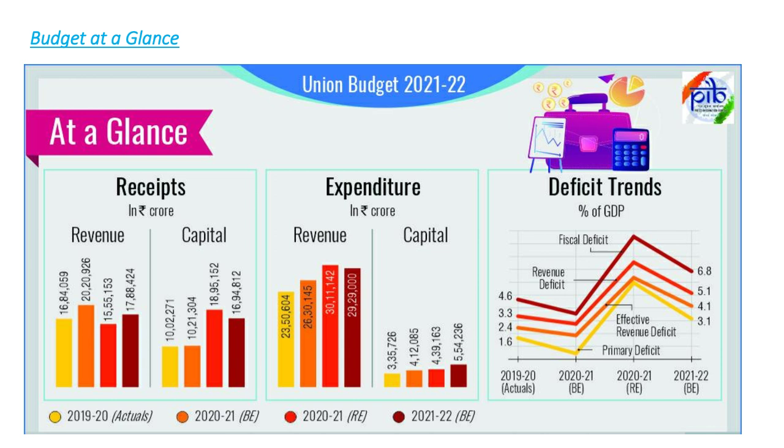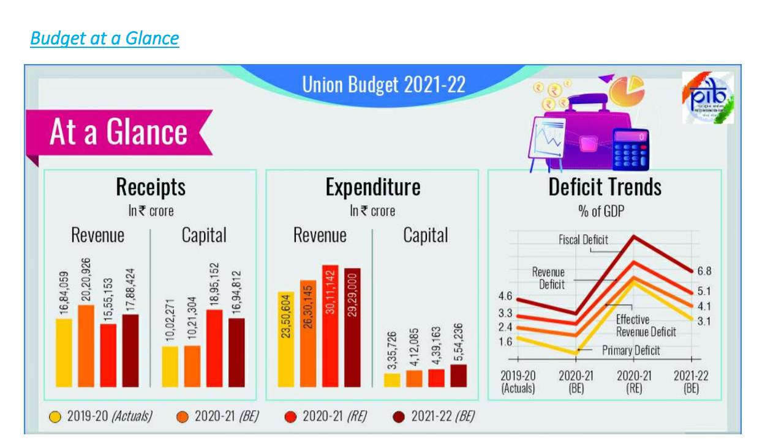The yellow bar shows the actual estimates of financial year 2019-20. The pink bar shows the budget estimate of financial year 2020-21, the slightly light red bar shows the revised estimate of financial year 2020-21, and the last dark red bar shows the budget estimate of Union Budget 2021-22.